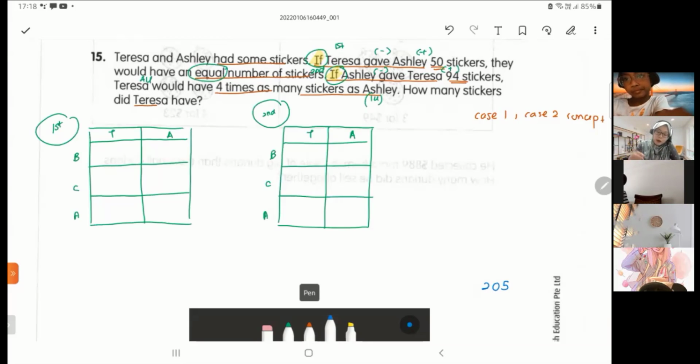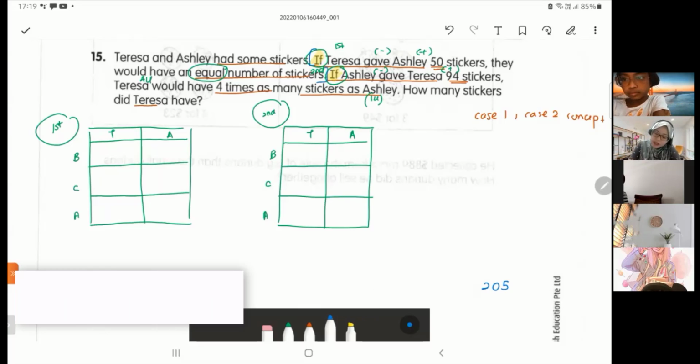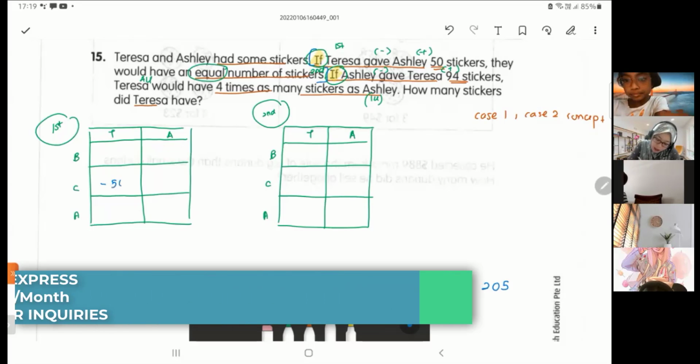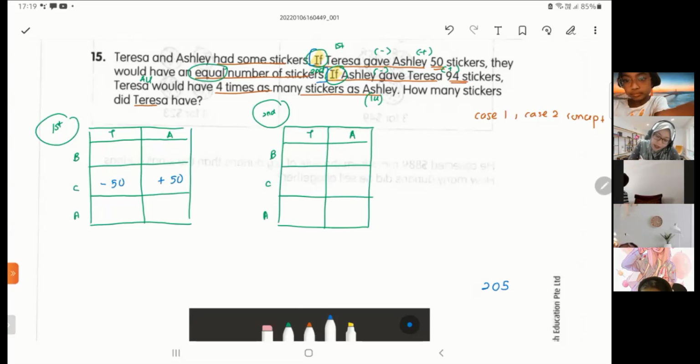Right? Now, do I know how many stickers they have? I do not know. My before, I do not know. But if Teresa, we look at the first one. We look at this one until here. If Teresa gave Ashley 50 stickers, minus 50 plus 50. They will have an equal number of stickers.